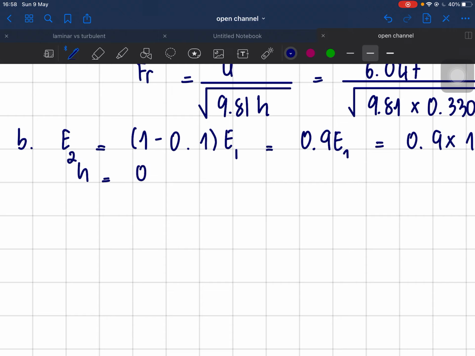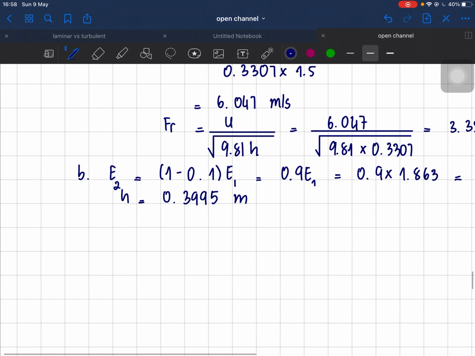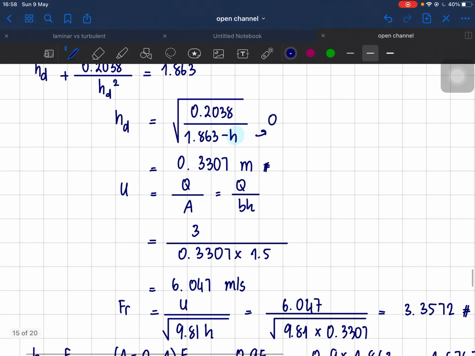Okay, so it's 0.3995 meter. So if you guys wonder where it's from, it's from this part here.